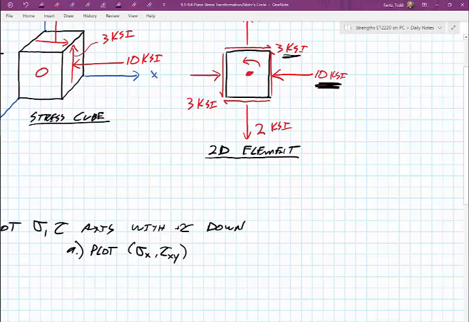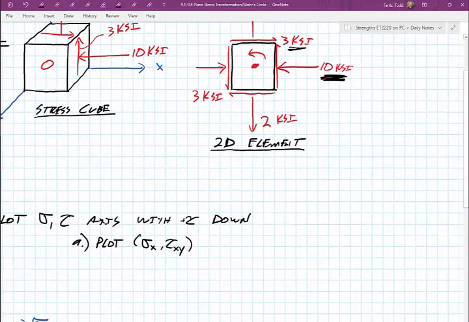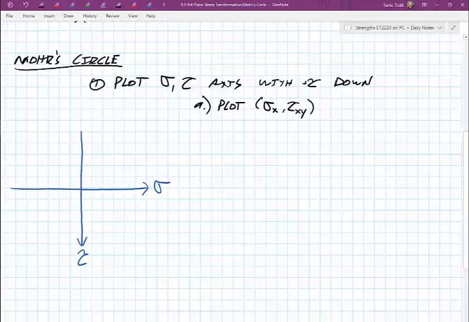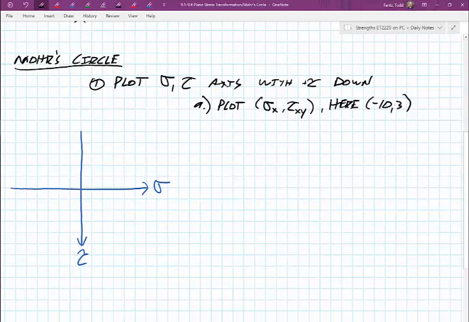But I do have to be concerned with tension versus compression. So I have a -10 and 3 for that first point. So I go 2, 4, 6, 8, 10, and maybe about here. So that's that point, -10, +3. And remember that that +3 is pointing down.